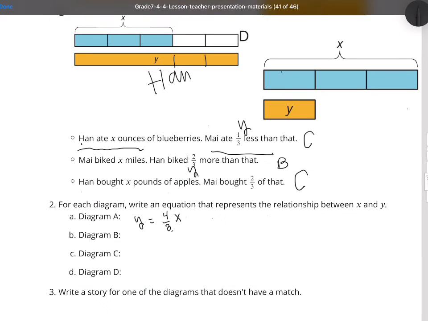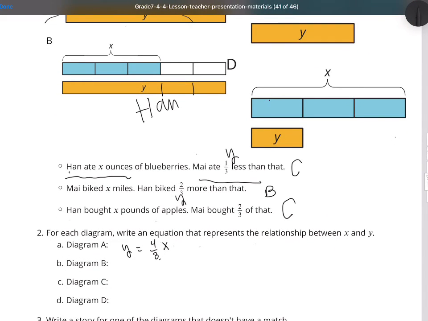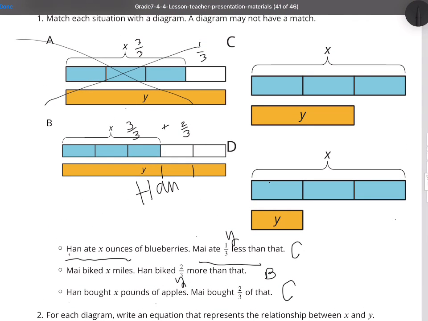Now let's look at diagram B. X is still 3 out of 3, but Y is 2/3 more than that. So Y is equal to 5/3 X. Then for diagram C, Y is a little bit less than the value of X. So how many pieces is Y equal to of X?